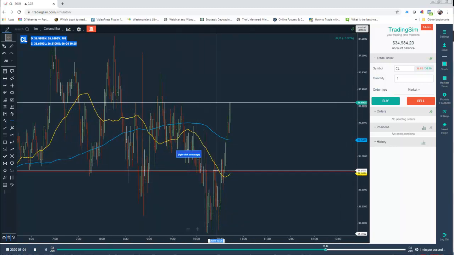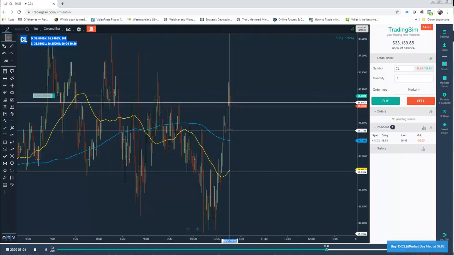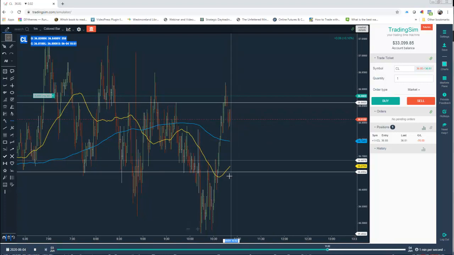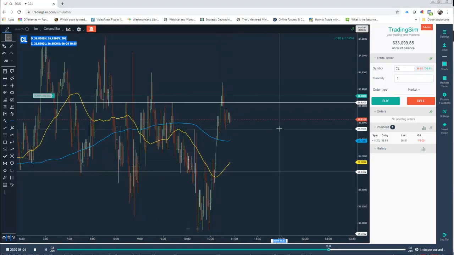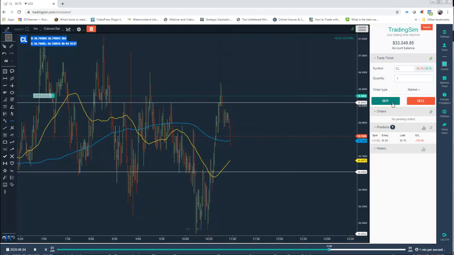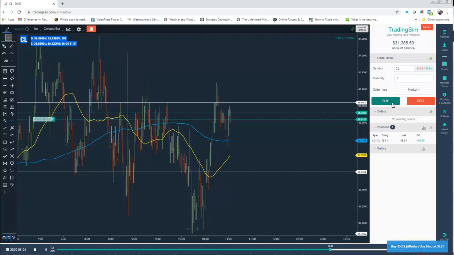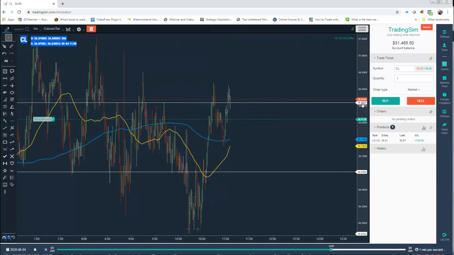Our 50 bar is angling up. Let's go ahead and buy. Now I want to be a buyer now. First time today that I really want to be a buyer. And I want to keep buying. I want to buy here. I would like to buy in here too.